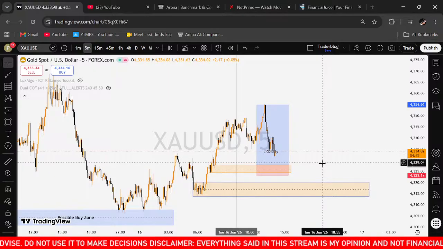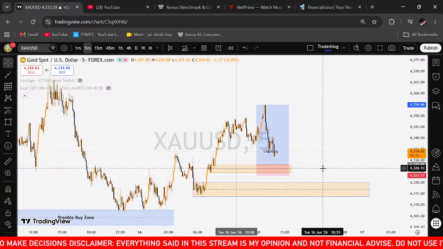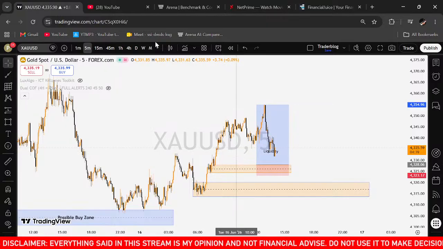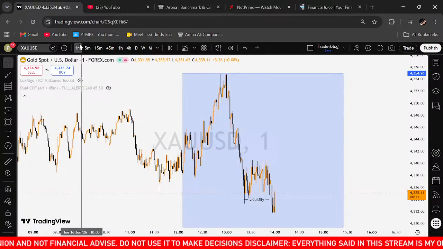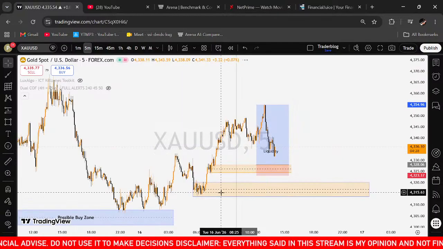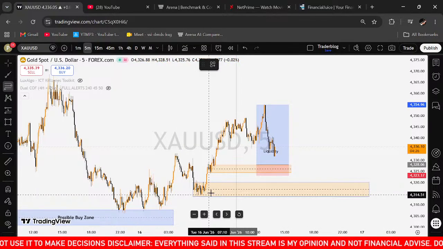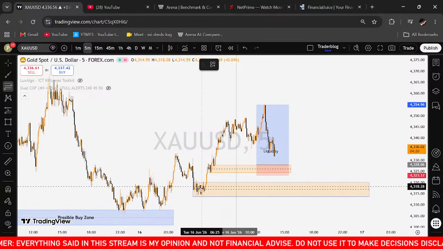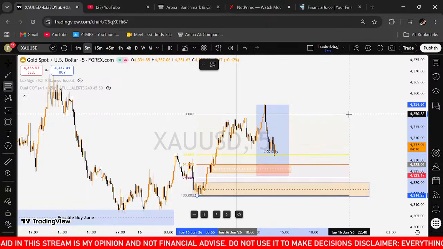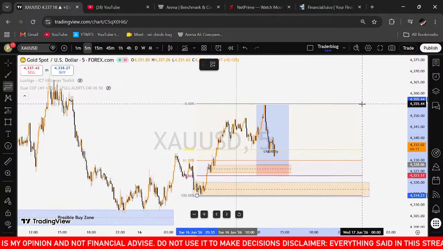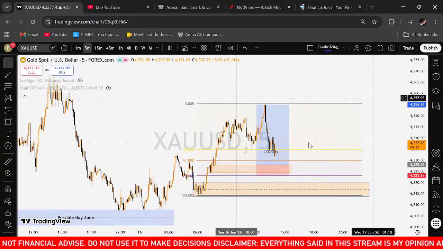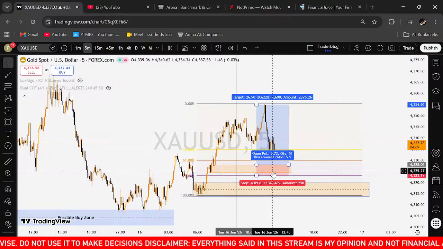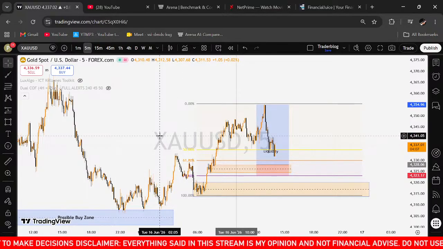Go pick this rather than this. Truth is that anywhere below the 50% it's actually a good region for gold to reverse.